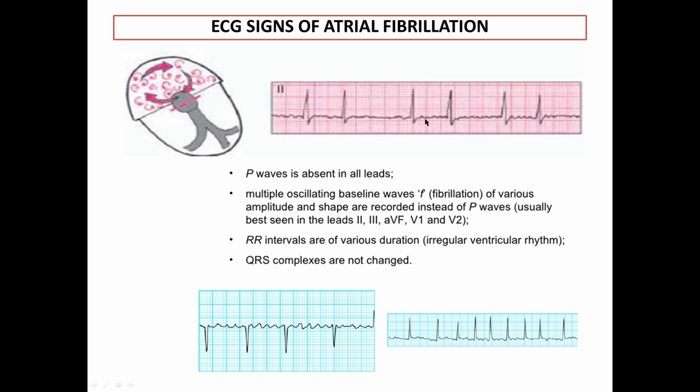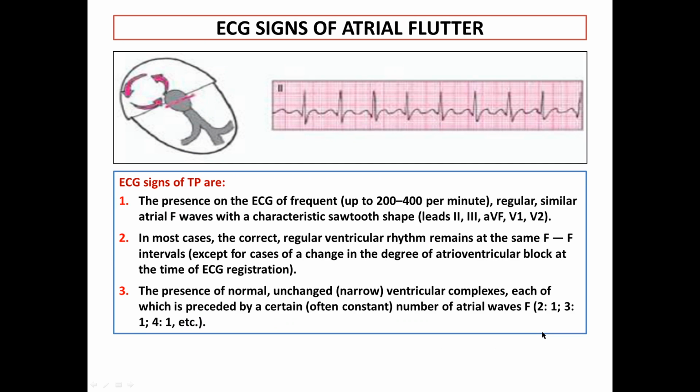You see there is no P wave, and instead of P wave, you see multiple oscillating baseline waves, small f waves, with various amplitude and shape. And you see various RR intervals, irregular ventricular rhythm, and QRS complexes are not changed.